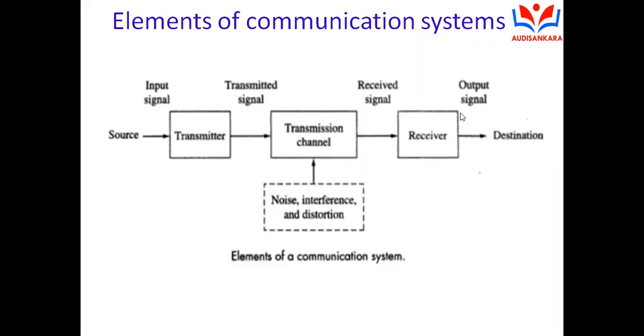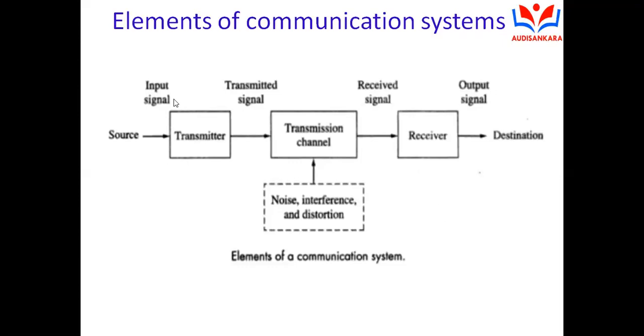But whenever the distance is long between the transmitter and receiver, there is no possibility to connect a physical path between these two. The information is propagated in free space between these two points, so there is a chance to add more unwanted information to the original signal.